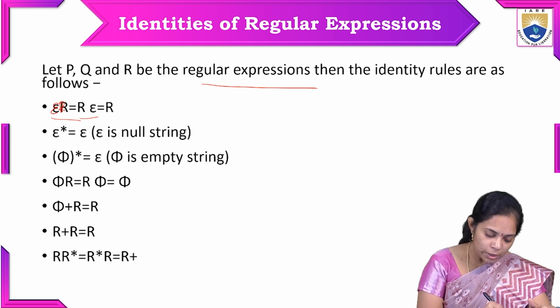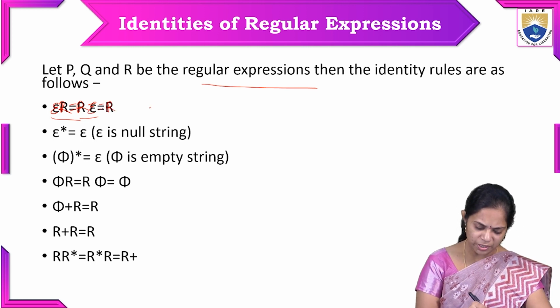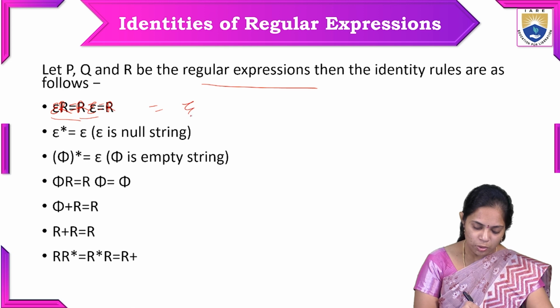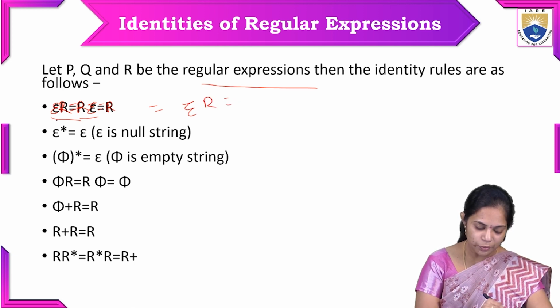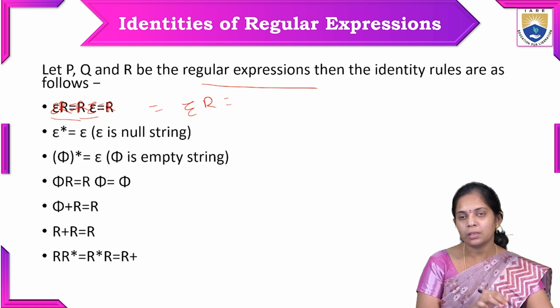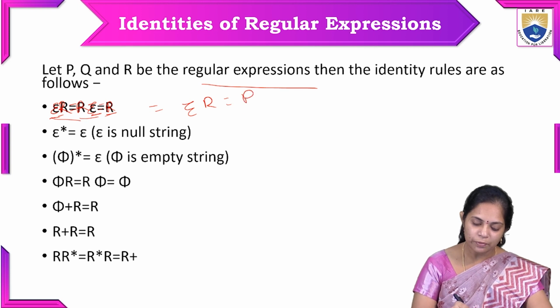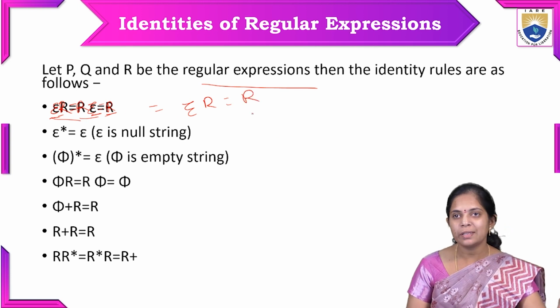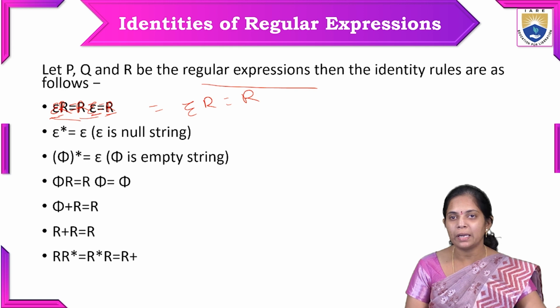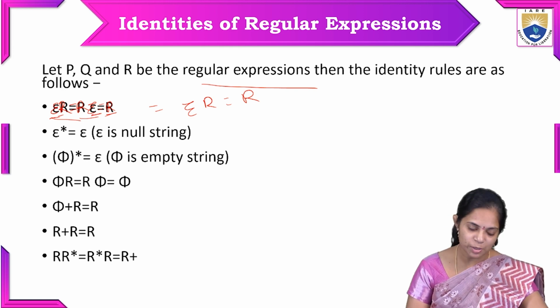Epsilon R is equal to R epsilon is equal to R. Which means epsilon R, empty symbol R, is equal to R, whether it is starting with epsilon or ending with epsilon. So by using epsilon at the start and end, we will get the same regular expression.